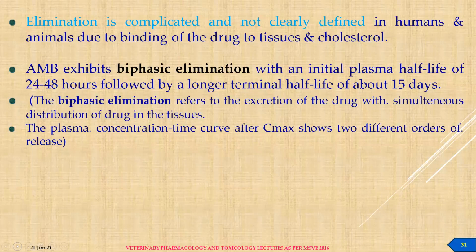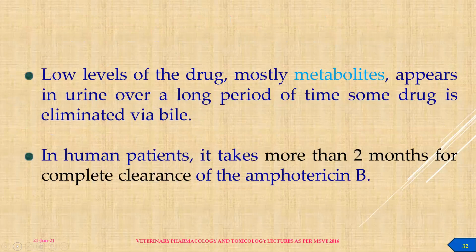The plasma concentration-time curve, after Cmax, shows different orders of release. Low levels of the drug, mostly metabolites, appear in urine over a long period, not shortly, but it takes a long time.